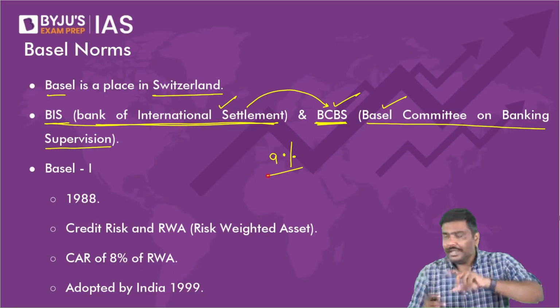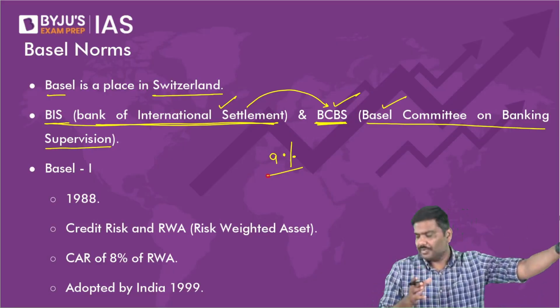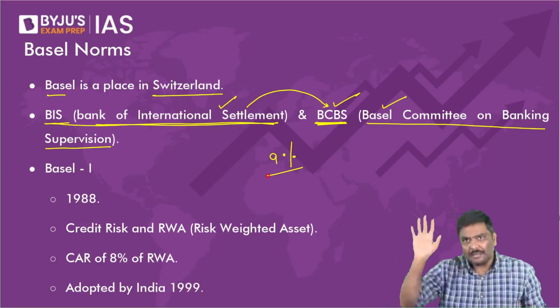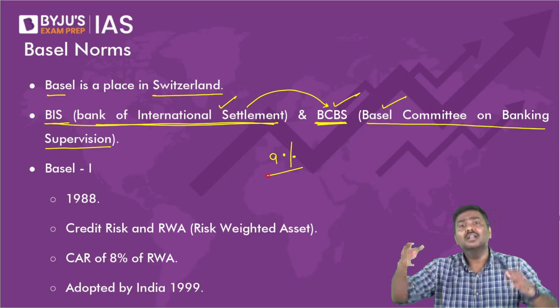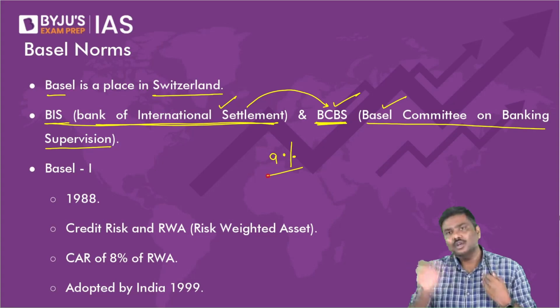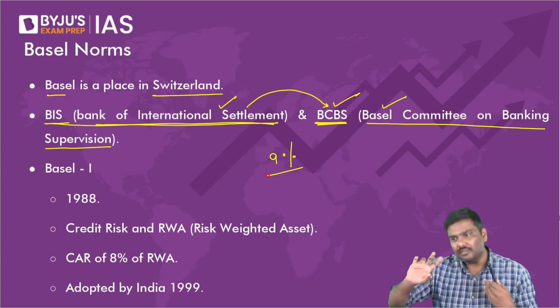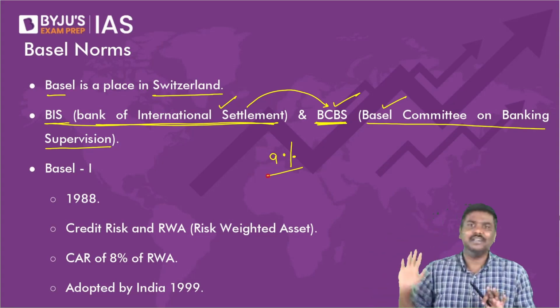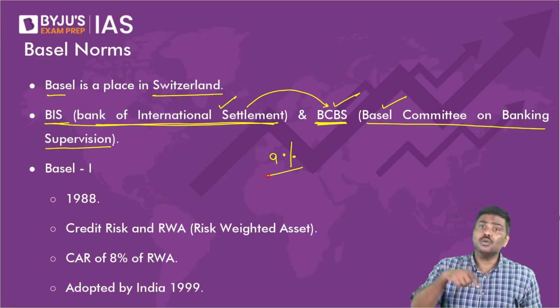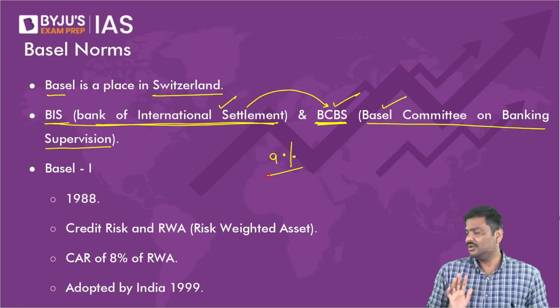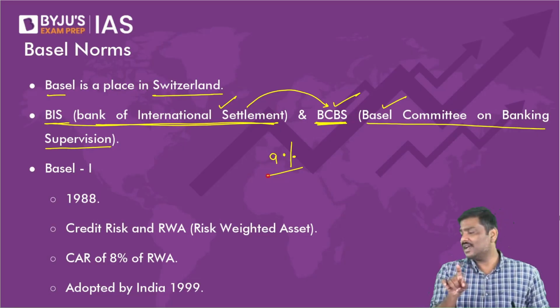No. Is that website wrong? No. Because the Basel committee has issued a guideline which says 8%. But RBI says, no, we will not keep it at 8%. We will increase it to 9% in India. So both are correct. In UPSC, focus on what question they are asking you. I hope you understand.